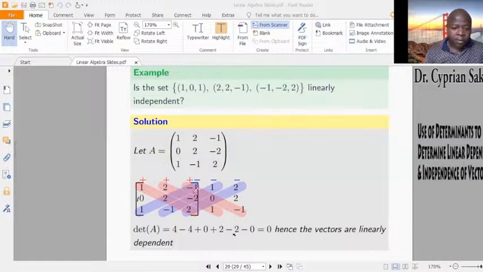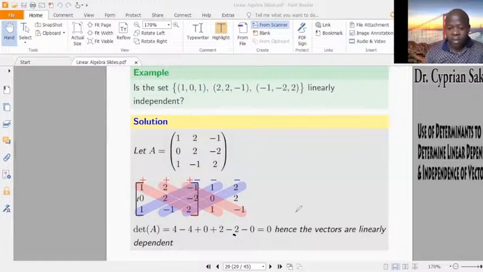So -2 subtracted from here will give me +2, and this other one was giving me +2, so when I subtracted, I was getting -2 here. And then this other one was giving me 0. So in other words, the determinant of this matrix is 0.